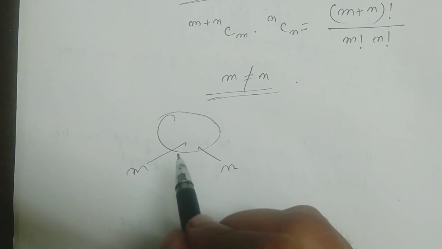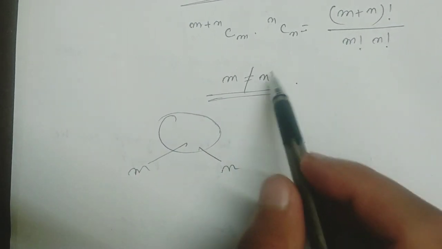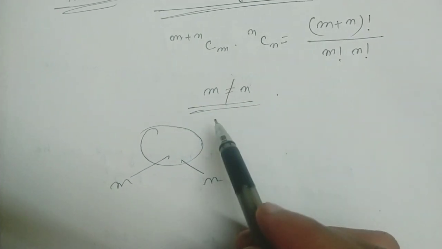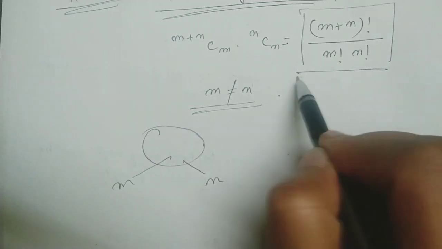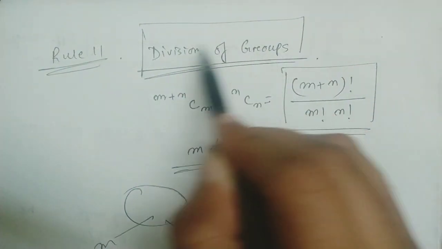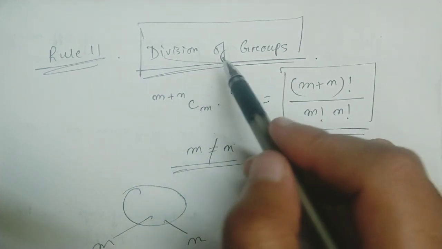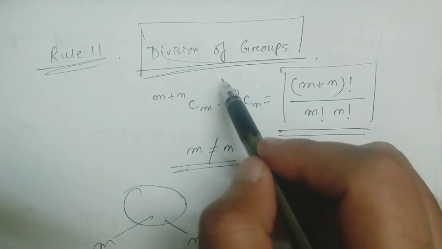Then the number of ways in which the combination can be done is this. So this is what the basic formula says. Remember, we are talking about applying this when we encounter situations where we have to choose from different groups.